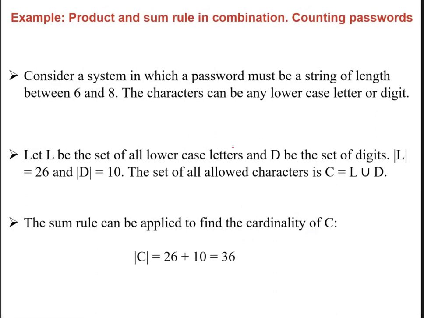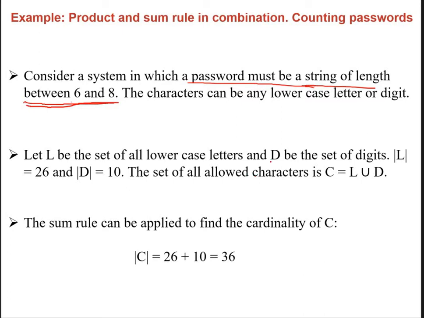Okay, so let's look at passwords. This is an example that uses both the product and the sum rule. Let's say you have to write a password, and you're imposing some restrictions. The password must be a string whose length is between 6 and 8.